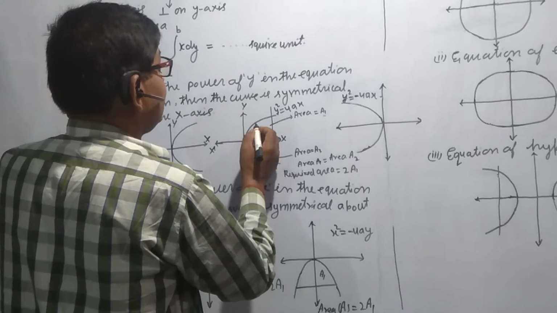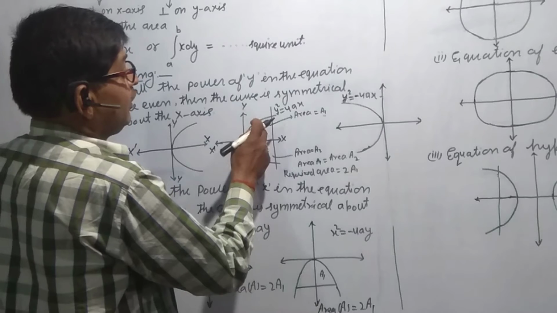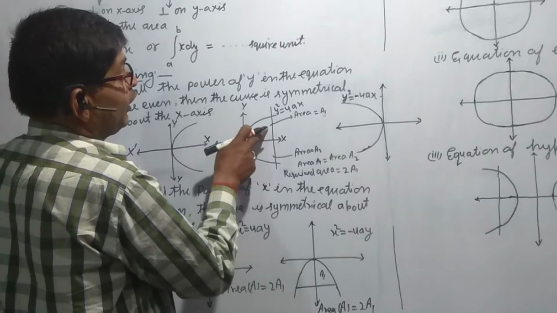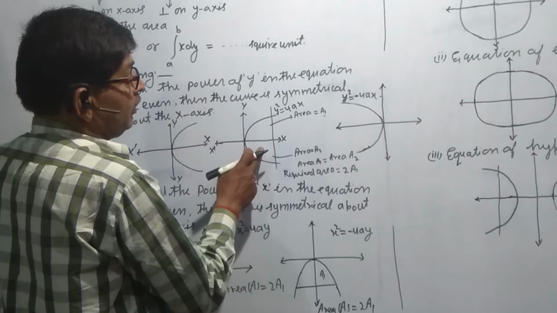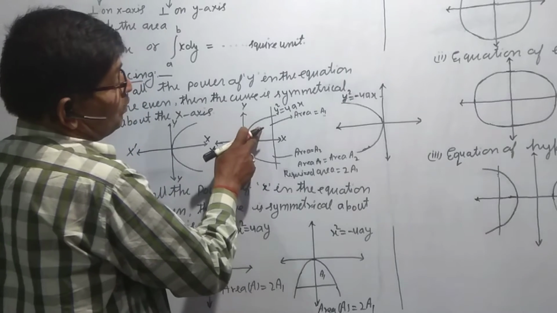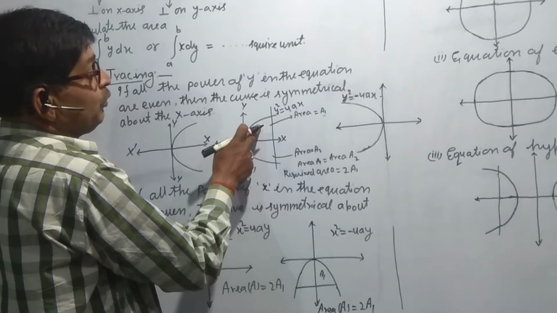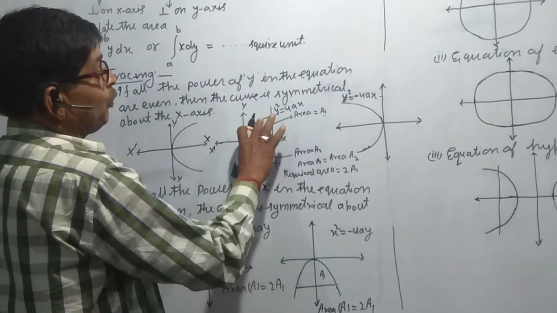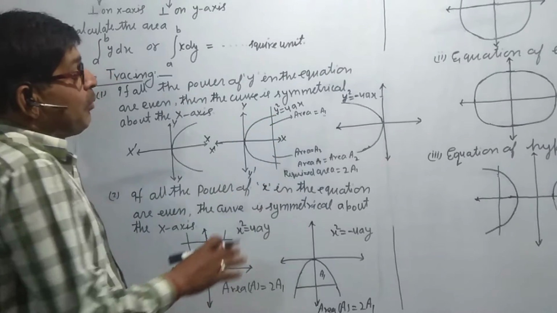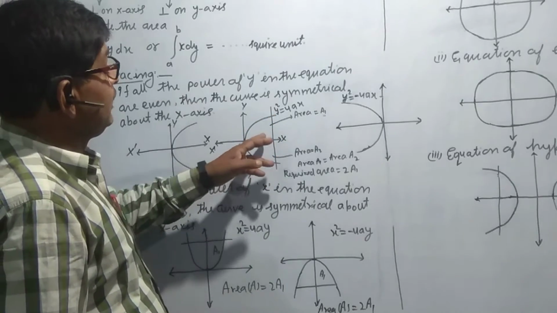If you calculate the area of this part, then after doubling we get the area of the whole part. In this case, it is easy.